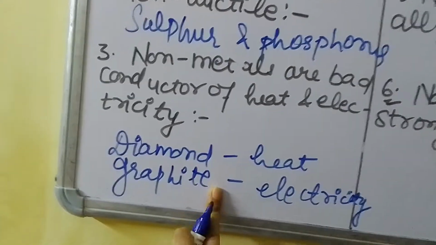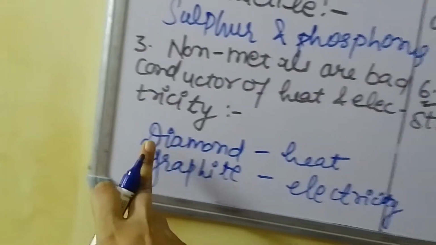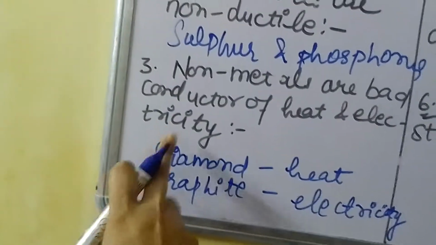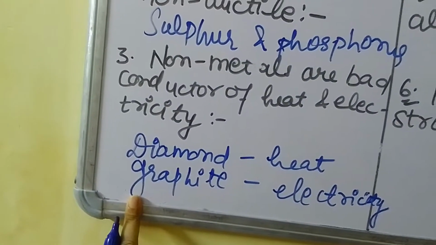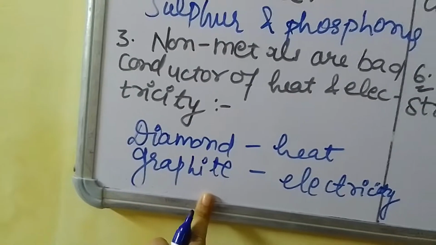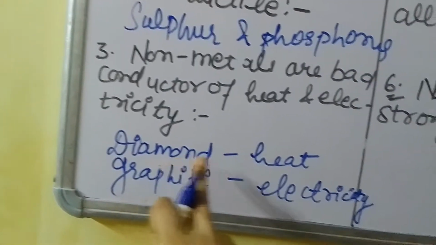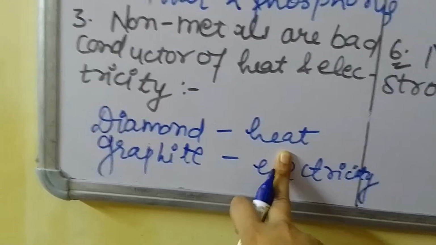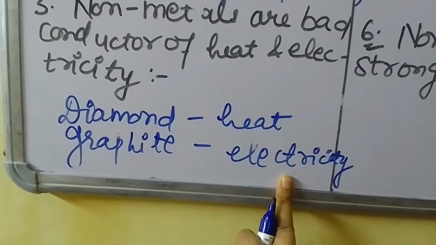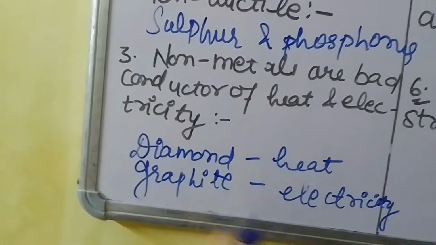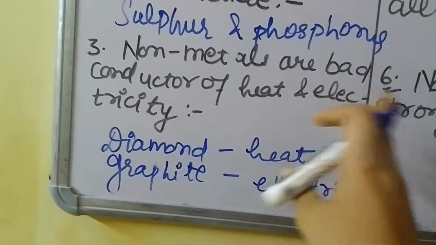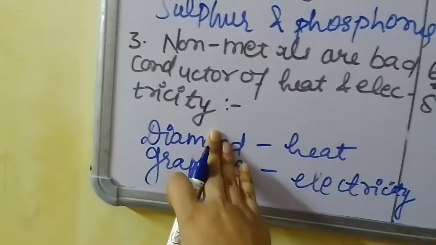So there are two exceptions among non-metals. Both are allotropes of carbon, diamond and graphite. Diamond is a good conductor of heat and graphite is a good conductor of electricity. But except for these two, all non-metals are bad conductors of heat and electricity.